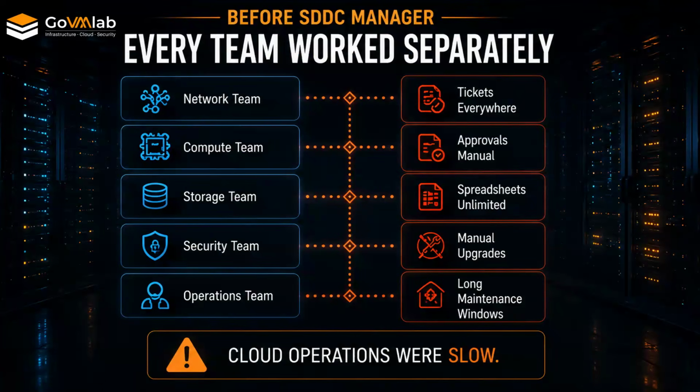When organizations could not solve the operational complexity, they tried to solve it by having more and more people. They solved it by creating a dedicated network team, a dedicated compute team, storage team, security team, and operations team.